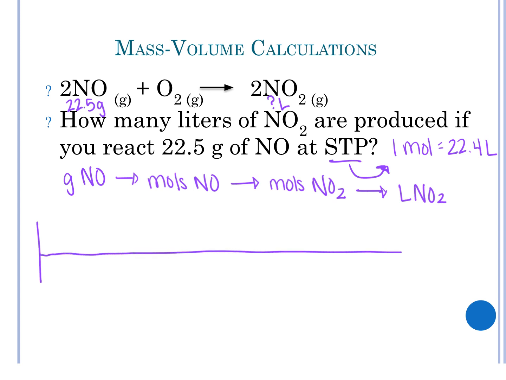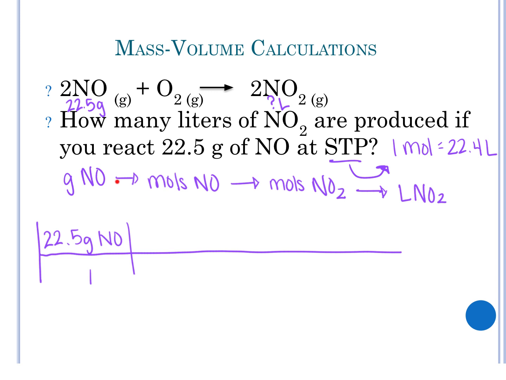Okay, so now that we have our plan, we can do the dimensional analysis. So what number is going to go in the first box? That'd be the 22.5 grams of NO. And then if we follow the plan, we have to get from grams to moles.